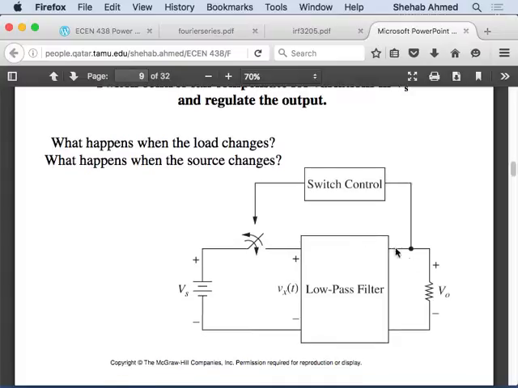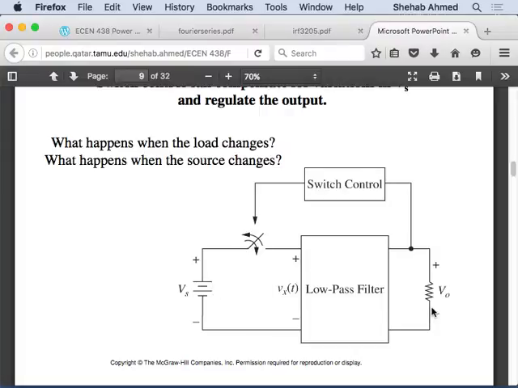And again, we talked about changes in the load. You want to make sure that you're regulating the voltage in the presence of changes in load. And you want to do that also in the presence of changes in the source. We said that this 240 volts is not fixed; its RMS value is not fixed at 240 volts. It fluctuates within a certain range. Is your load going to accept that?